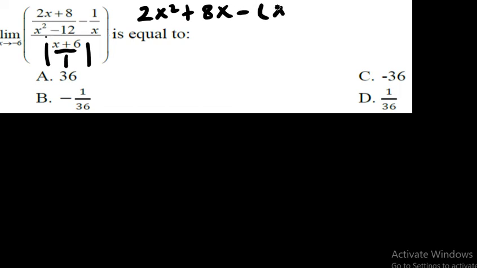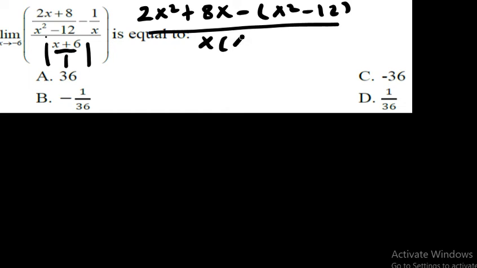I put a bracket here because this negative has effect. The whole over the product of these two, x times x squared minus 12, times, as I said before, I'm going to flip this. X plus 6 over 1 will be flipped and multiplied, so it will be 1 over x plus 6.